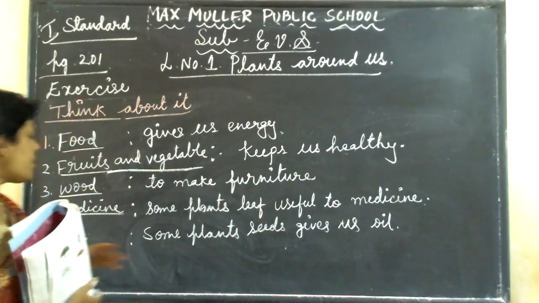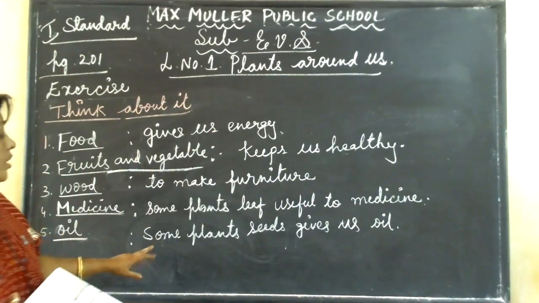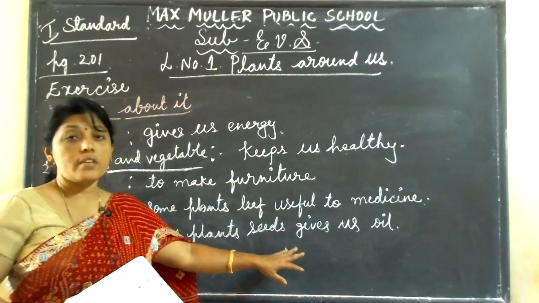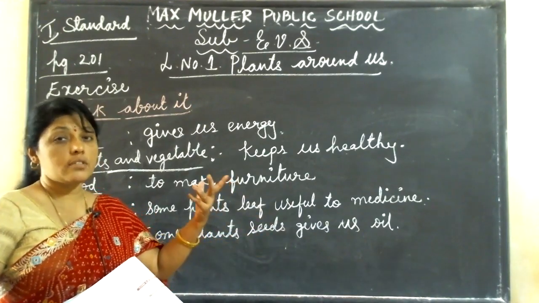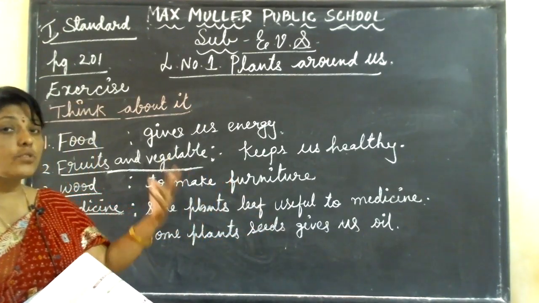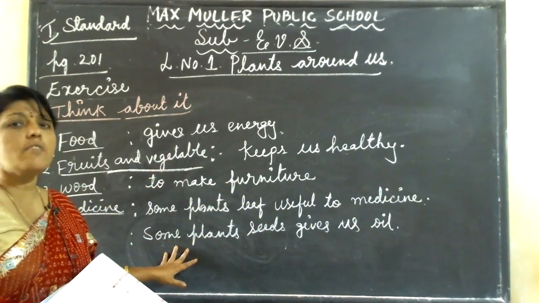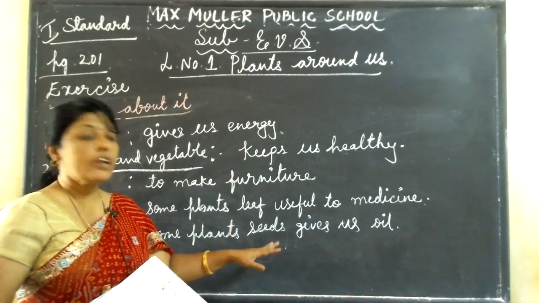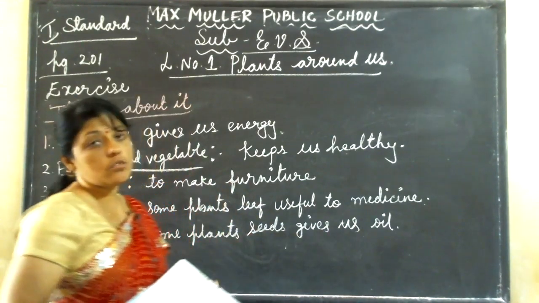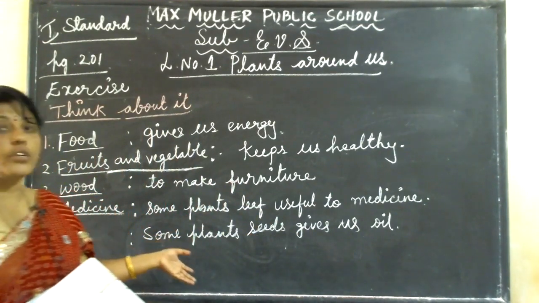Coconut and groundnut seeds we use as oil. Coconut we use for water also, so the coconut tree is useful in many ways. Groundnut seeds we are eating and using as oil also, and we use groundnut seeds for preparing food, isn't it?